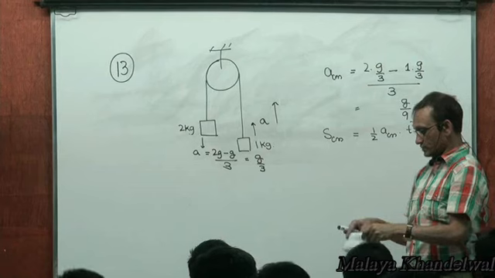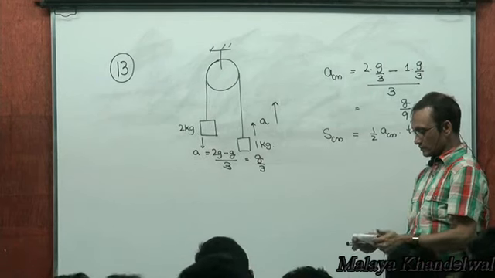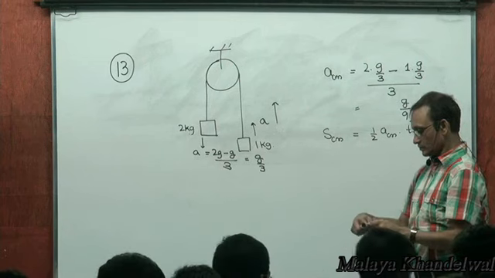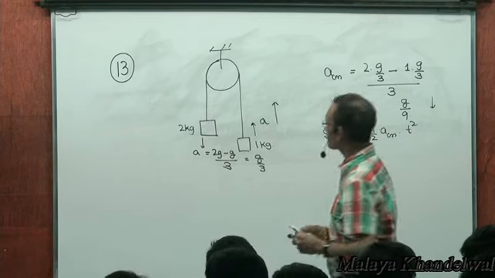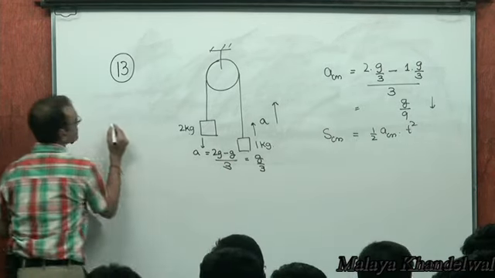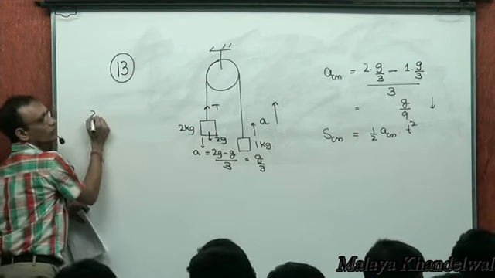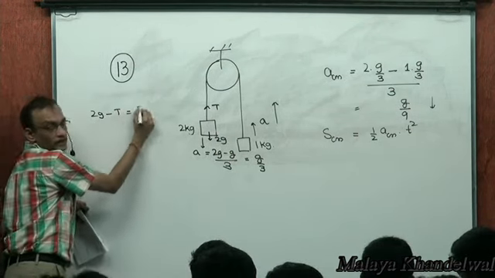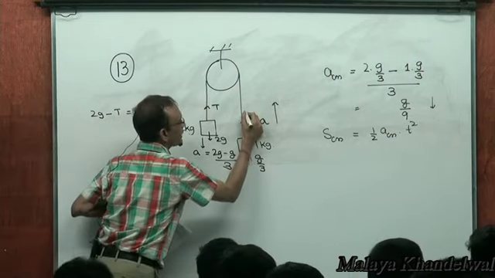Let's look at 14. Okay, if you don't like all of this, 2g minus T is 2A if you want it this way. I didn't want to do it this way, but this is what you like, it seems.